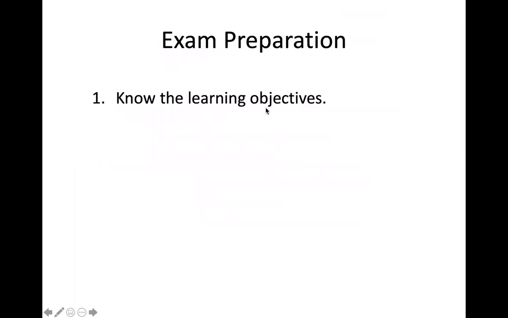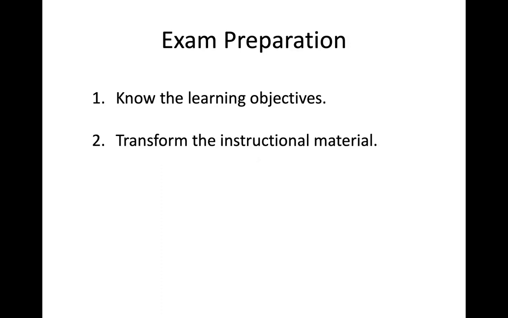Now, as we look ahead, last thoughts here to finish up, as we look ahead for your exam, these would be my suggestions. I think it's really important to know the learning objectives for chapters 7, 8, and 9. Those are listed within the e-text and at the end of the chapter as well. It's also important to transform the instructional material. You've had information given to you in a lot of different ways.